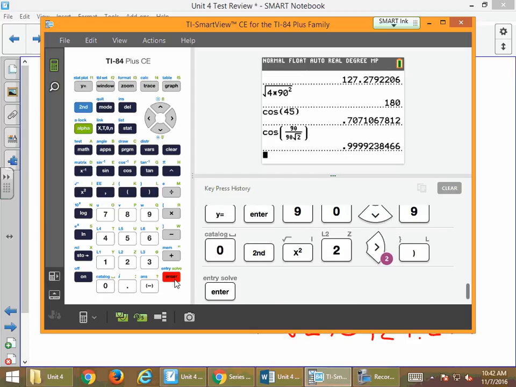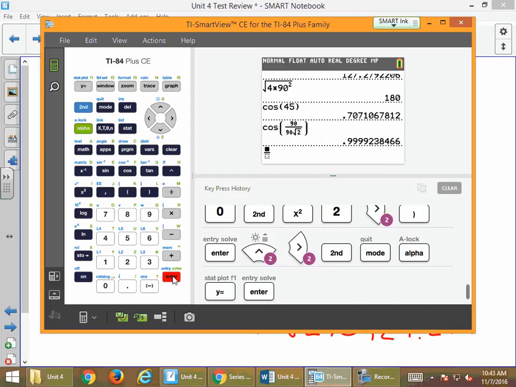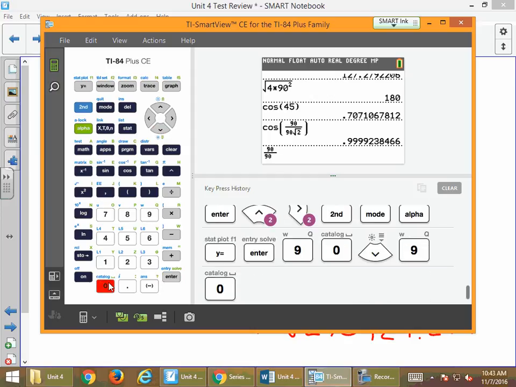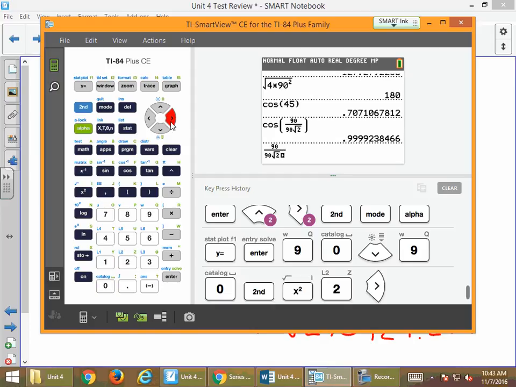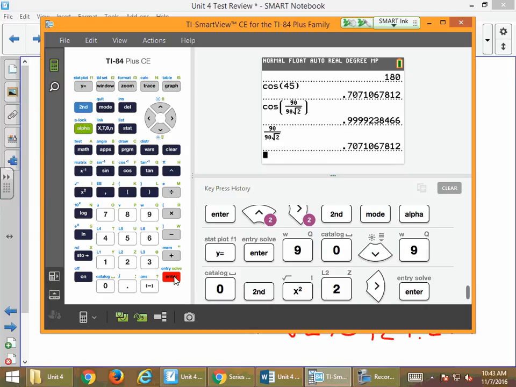Oh, we get the same decimal? That's not right. Don't need the cosine. Sorry, don't plug in the cosine. Just plug in that fraction, my fault. Then just plug in that fraction, you get the same decimal, so you know that's an answer.